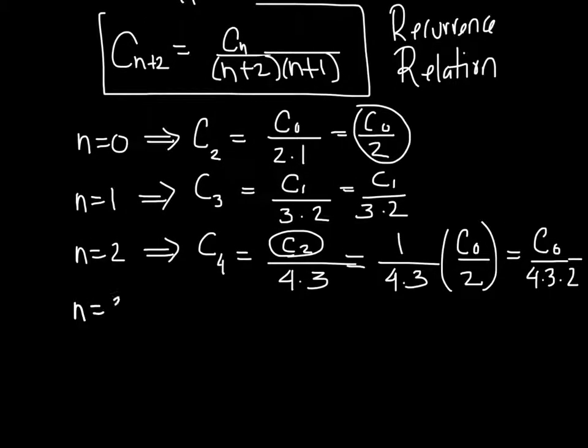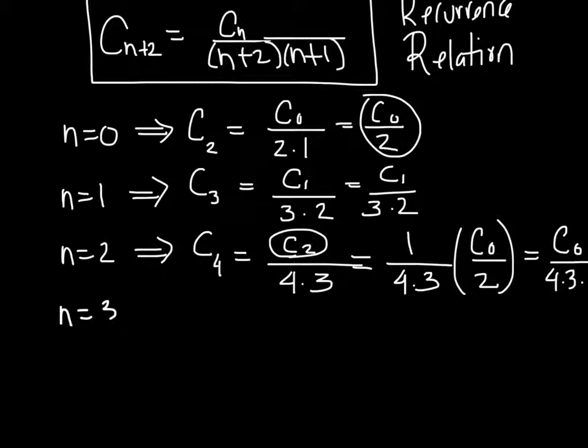n equals 3. It's just, again, substitution. n is 3, so 3 plus 2 is 5, and 3 plus 1 is 4.